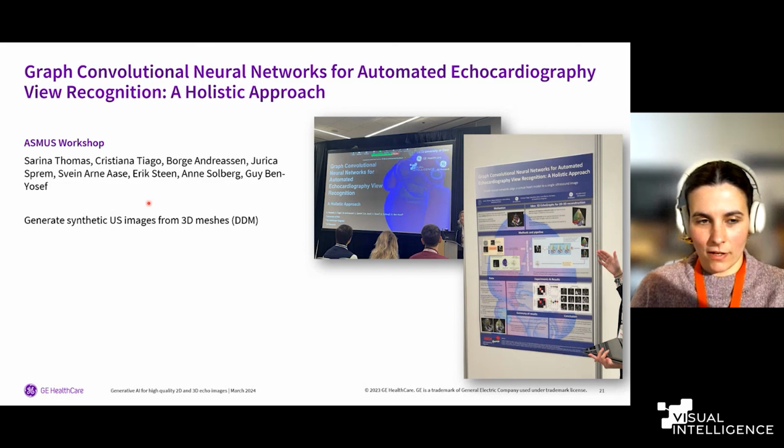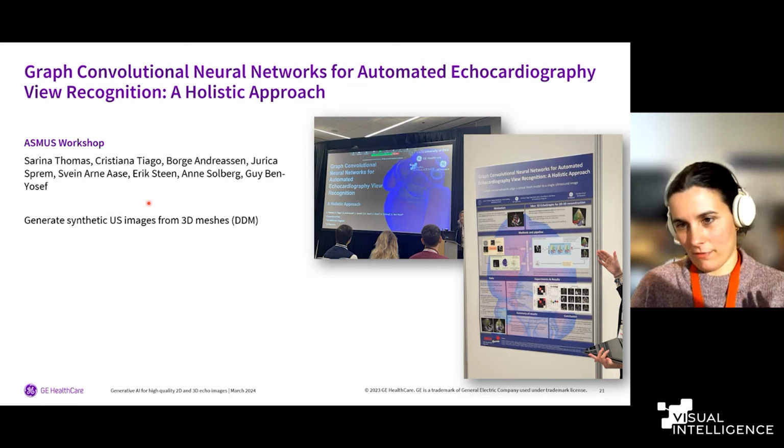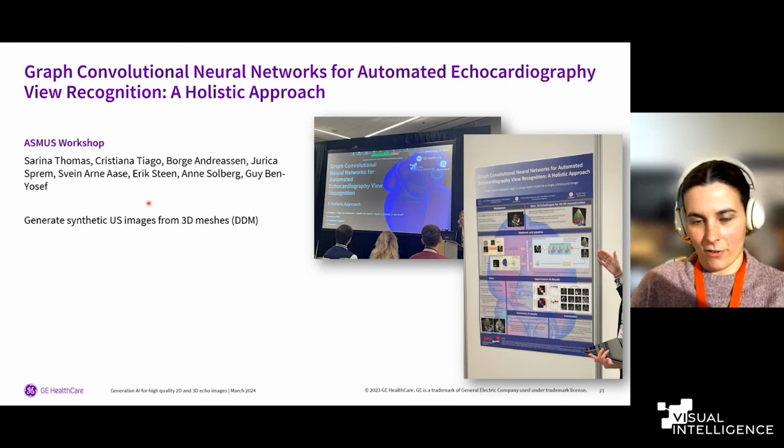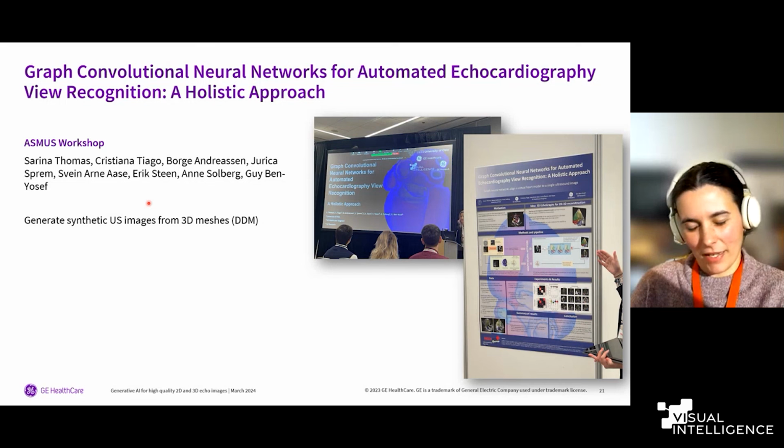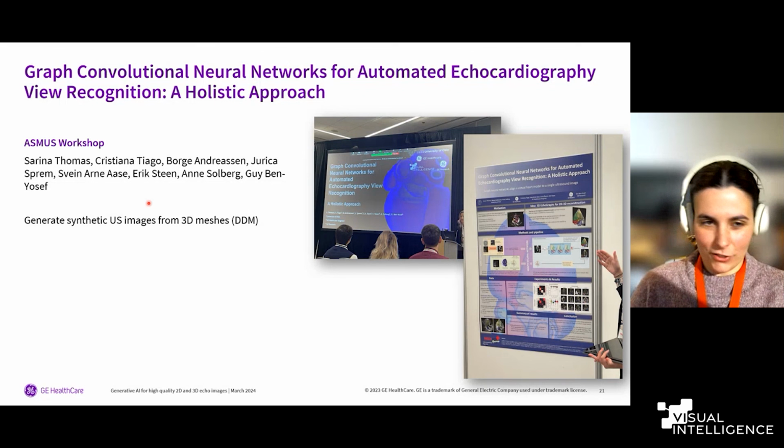And in this project with Serena, we are using a lot more constraints on the conditioning. So we are generating not only these three structures, but sometimes also the right side of the heart, also a bit of the beginning of the aortic valve, the ultrasound cone. So we are adding different complexity layers to this, and the results seem promising.